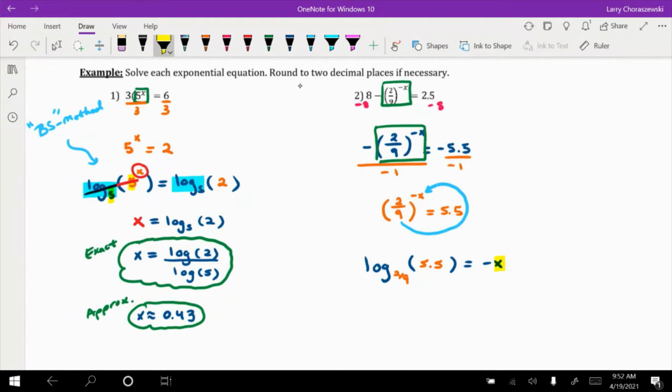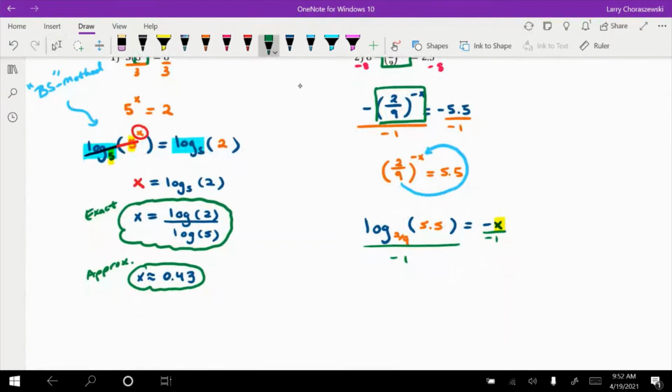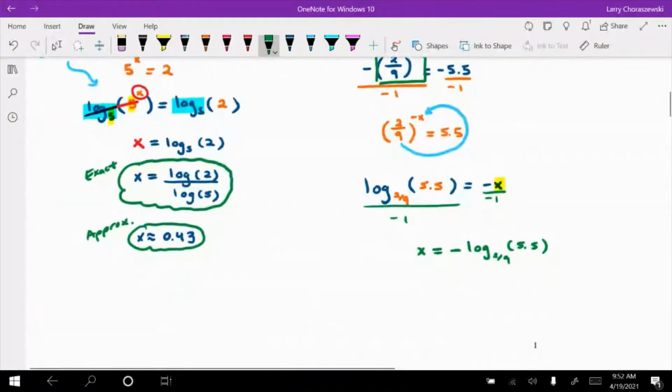Now keep in mind, we want x by itself, and as soon as we do a log loop, it's actually back on the ground, as I like to say, but it has a -1 with it. So what I would do from here is maybe divide each side by -1. And what you're going to get for x is negative log base 2/9 of 5.5. Now again, this version of x usually can't be typed into the graphing calculator. So what you would want to do from here is maybe use the change of base formula.